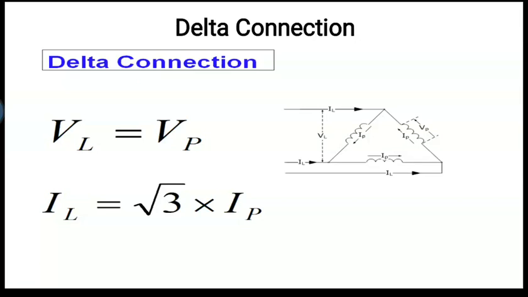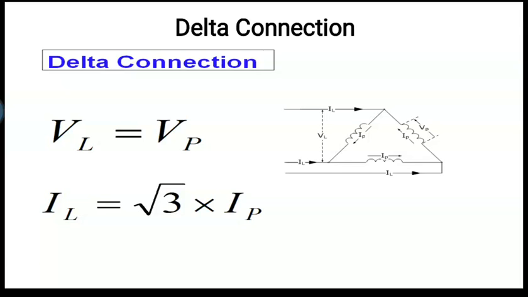Delta connection is nothing but it is like a triangle form. There are three voltages. So you can see the three joints of that triangle are nothing but the three phases. Here you can see it is written IL. IL means line current.